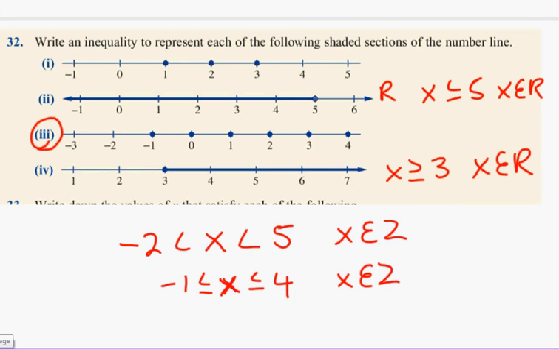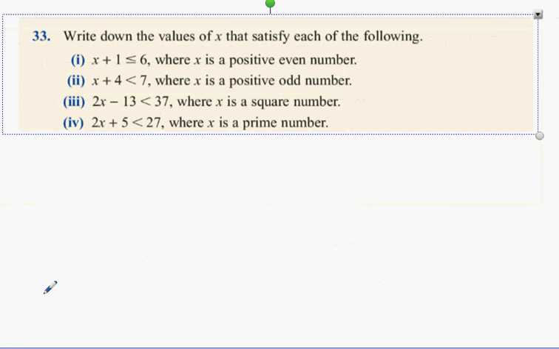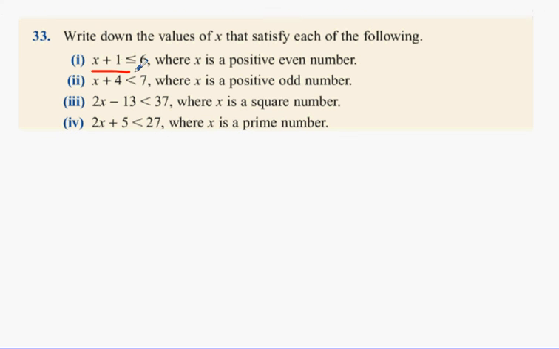32 and 33. Write down the values of x that satisfy each of the following. X plus 1 less than or equal to 6. X is a positive even number. Move it over to the other side.